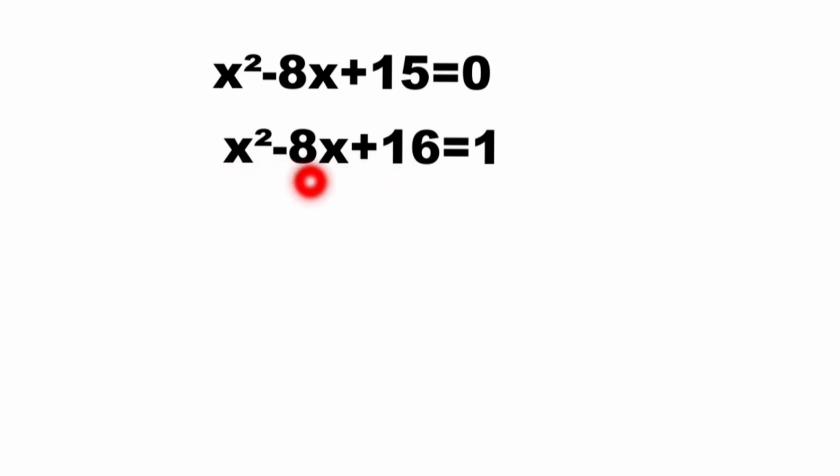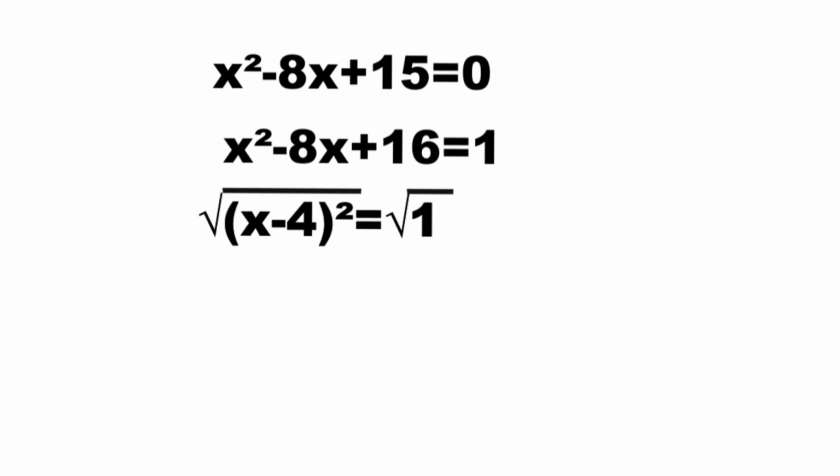The square root of x squared is x, and the square root of 16 is 4. And since we have a negative sign in the middle term, this can be factored as x minus 4 squared equals 1. So we have a perfect square on the left side of the equation and a perfect square on the right side. So extract the square root of both sides of the equation.